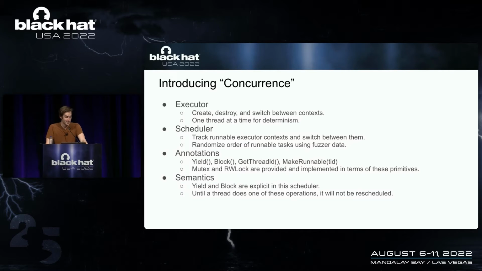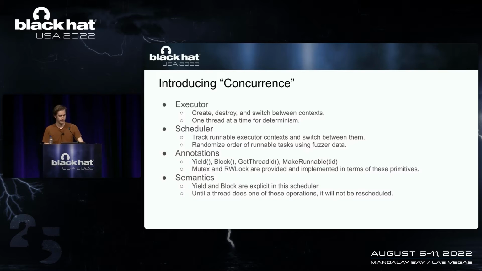It's not highlighted well in the slide, but the second line under the scheduler bullet, randomizing the order of runnable tasks using fuzzer data, this is really one of the big insights here. So back in my Chrome days, when I was doing cooperative fuzzing, one of the things I would do is whenever the scheduler has a choice to pick some runnable task to run, I realized, oh, why don't we just, if we're allowed by the model of that executor, try randomly switching between them as opposed to just doing them in order?